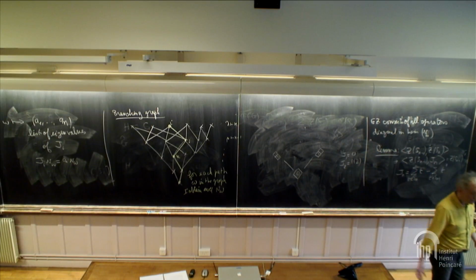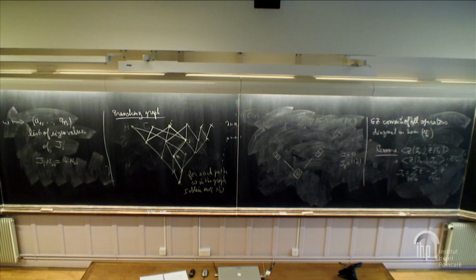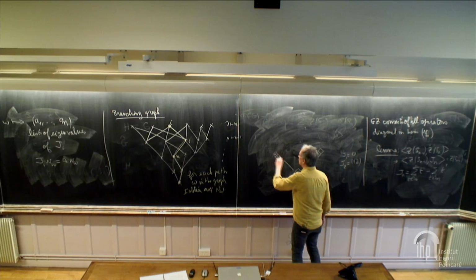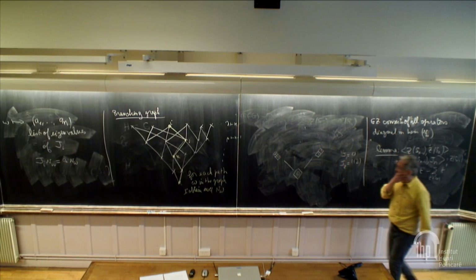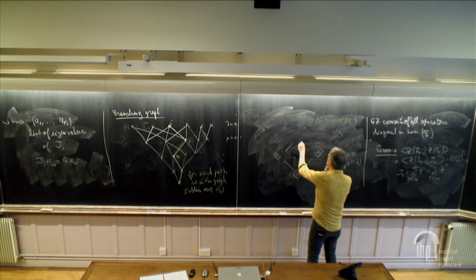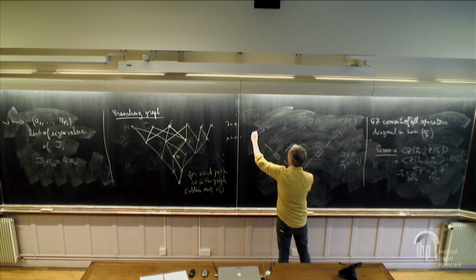So in any representation, this element will have eigenvalues +1 or -1. I could put -1 here and 1 here. Then you continue building this graph.